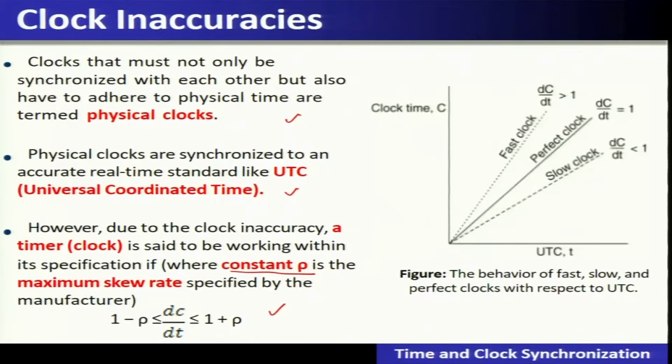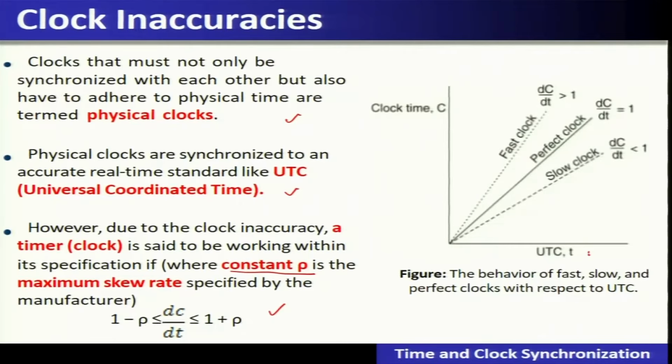With this notion, and given the Universal Coordinated Time and also the specification, that is the constant rho, the maximum skew rate specified by the manufacturer, you can understand the behavior of a fast, slow and perfect clock in the example shown in this figure.